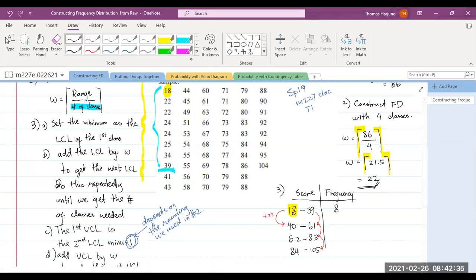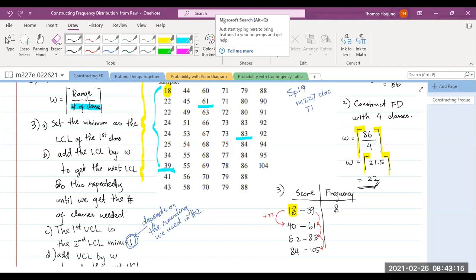Now then, for the second class, from 40 to 61 up to here. The third class from 62 to 83. And the last class from 84 all the way up. Can you tell me the second class from 40 to 61, how many people there? I have 9 students right now in this class.